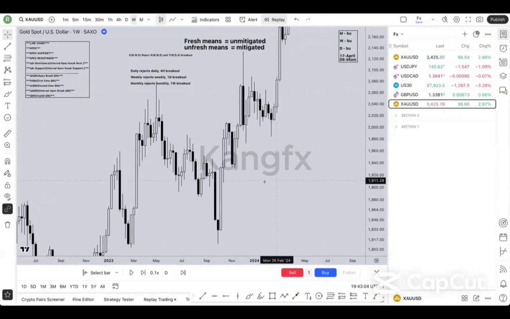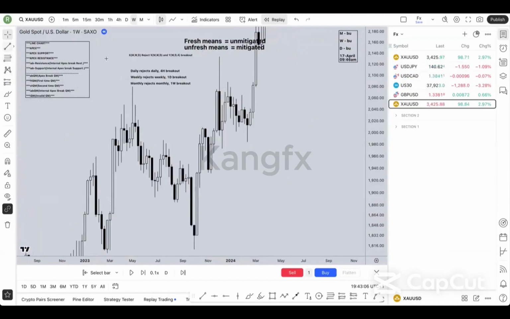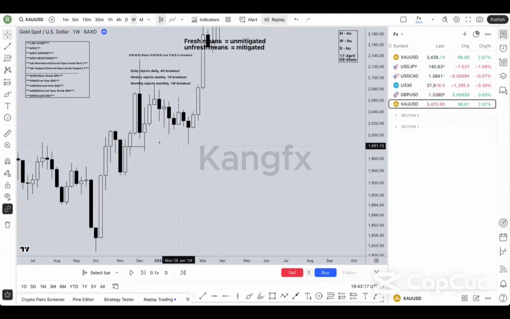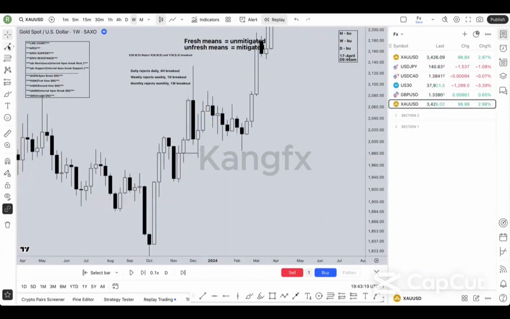Now, see this one. We had weekly, we had a rejection here. You see that this one rejected, this level rejected from here, rejected here, rejected here.